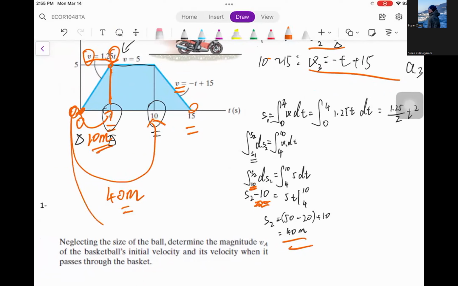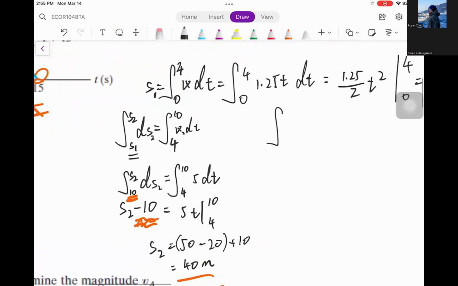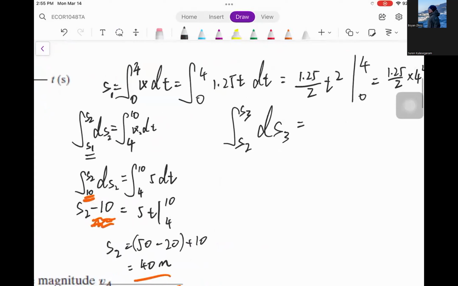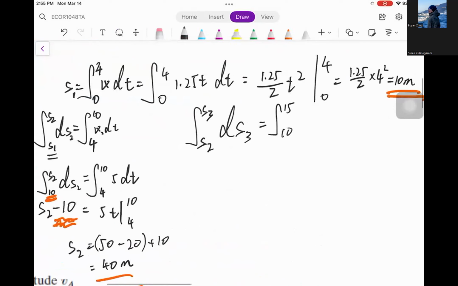From the initial point, going all the way to 15 seconds, will be the displacement. And the procedure is the same. Just doing the integration, this time from S2 to S3, dS3 is equal to the integral from 10 seconds to 15 seconds of V3 dt.